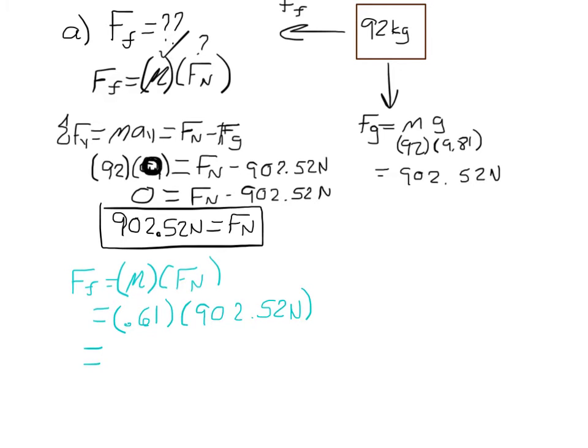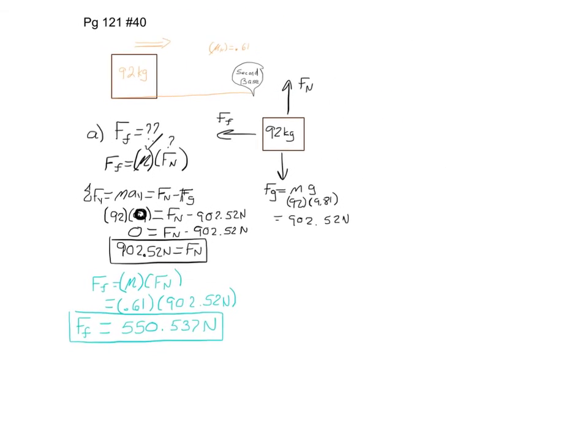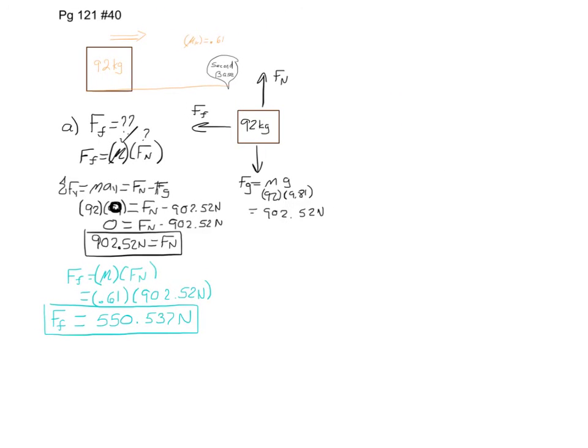So that's going to be 550.537 newtons, and it's going to be going to the left, but because the force of friction doesn't have a set direction, if we wanted to make it more official, we could have put a negative there, but the magnitude, meaning the absolute value without the direction, is 550.53 or 54 newtons. So that's part A.